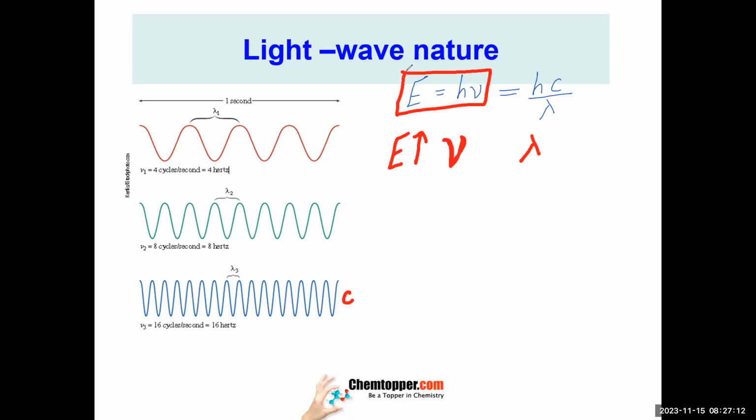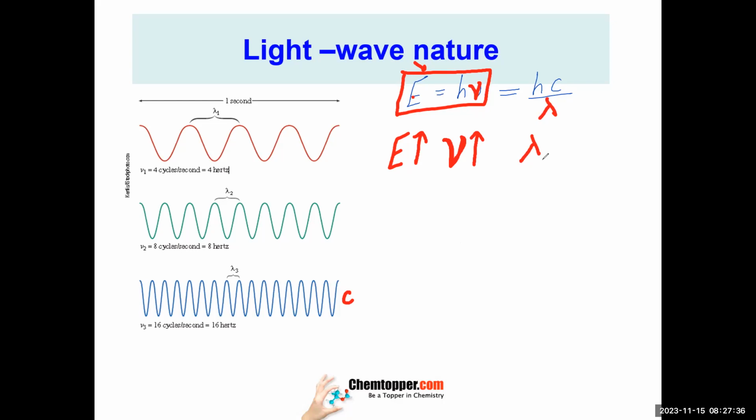If energy is high, find this equation, E equal to hv. V and E are on different sides, so they are direct. Both of them are in the numerator. And what happens to lambda?